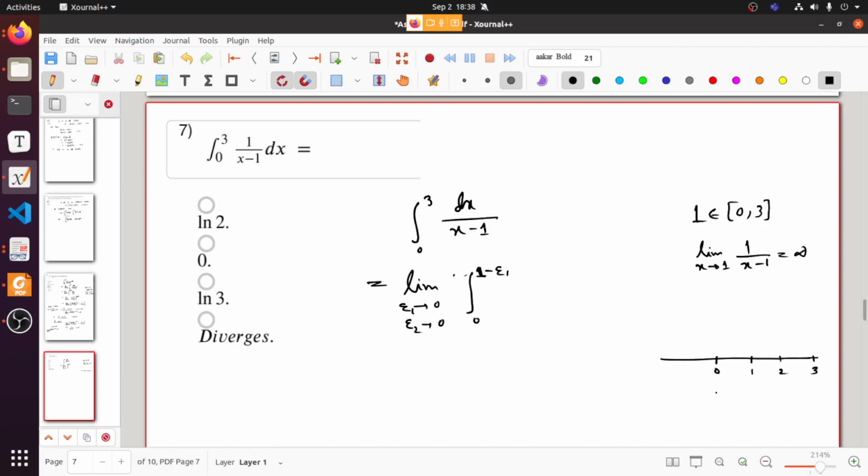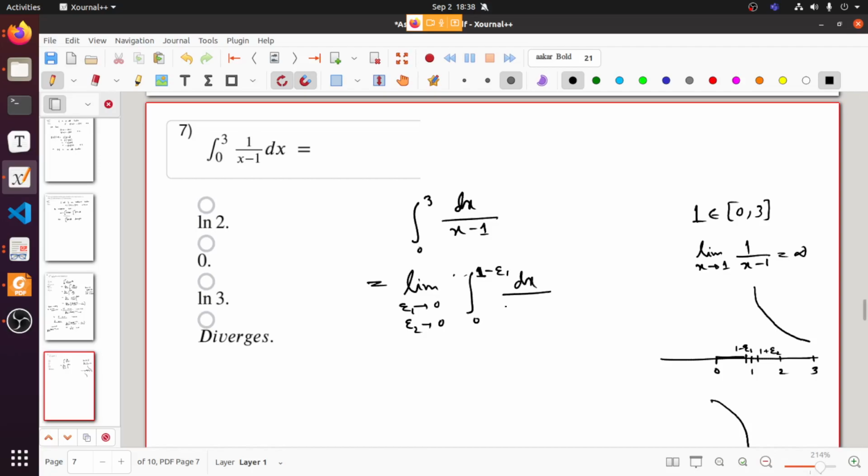At the point 0 it will be minus 1, and at 1, from the left it will be minus infinity like this, from the right positive, and at 3 it becomes half. So this is the curve. We take 0 to 1 minus epsilon 1, and 1 plus epsilon 2 to 3. We take the limits epsilon 1 and epsilon 2 separately, because if you take both the same epsilon, you will get the principal value. I will discuss it later.